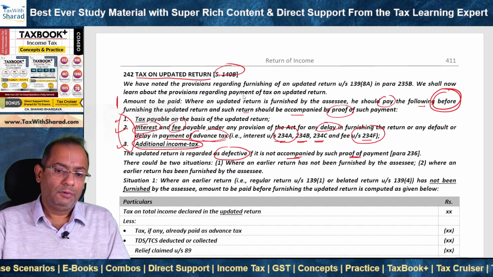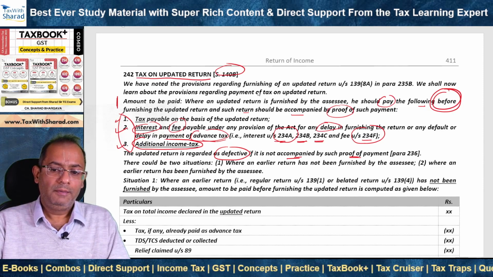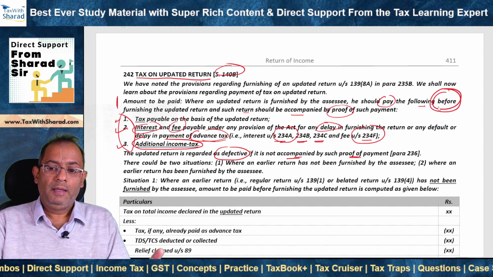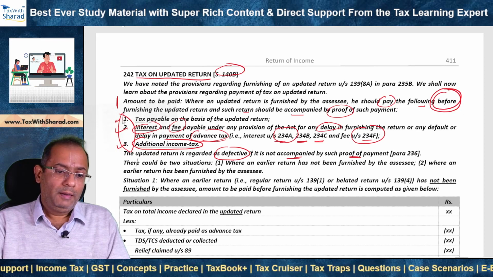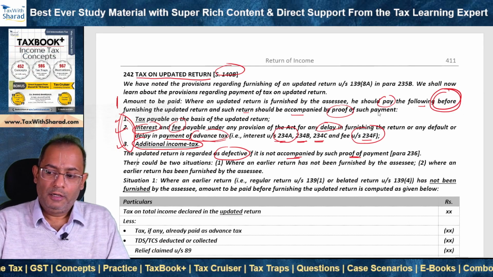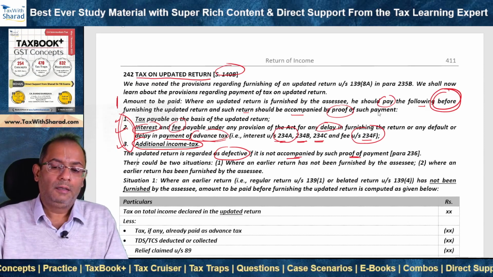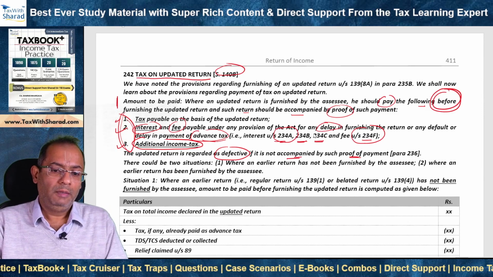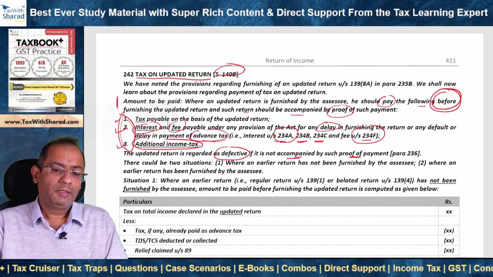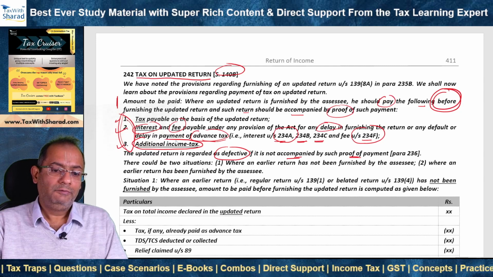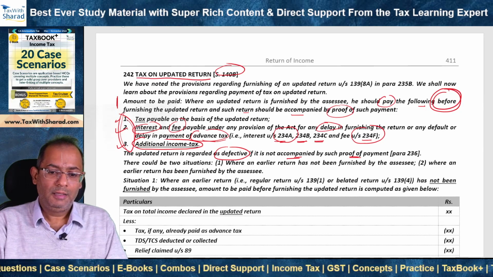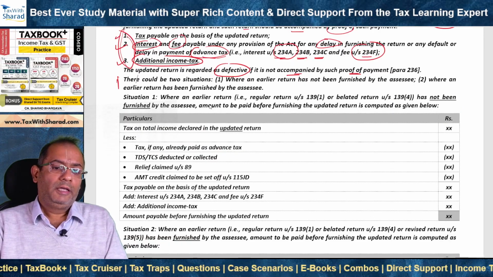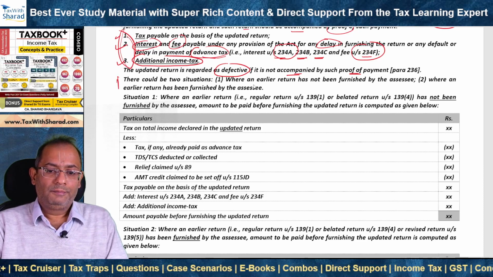So coming back to the provisions of section 140B, the assessee needs to pay 3 amounts before furnishing the updated return, and the return needs to be accompanied by the proof of payment of these amounts. First is tax, second is interest and fee as applicable, and third is additional income tax. Now there could be two situations involved.